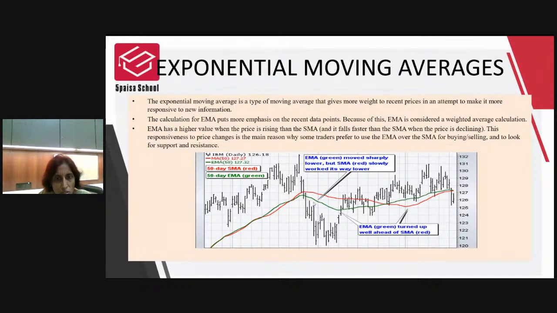The EMA, which is reflected in green, moved sharply lower in a downtrending market. As you can see, the market is trending down, and the EMA is moving down sharply as compared to the simple moving average, which slowly worked its way lower.